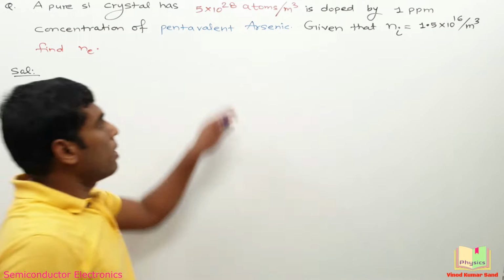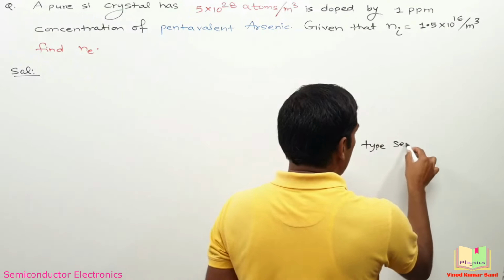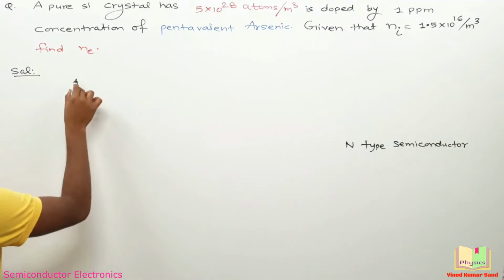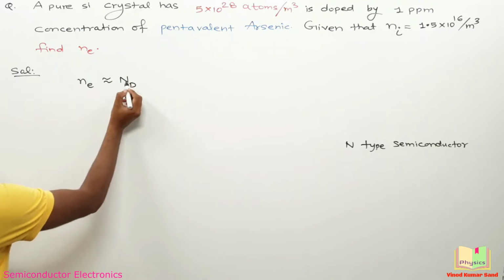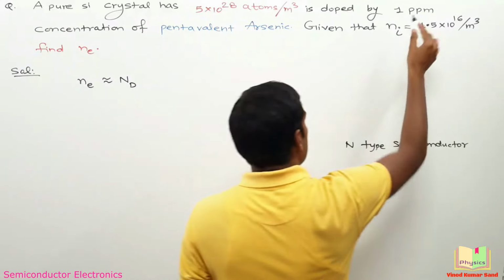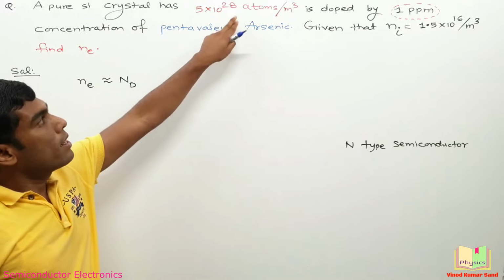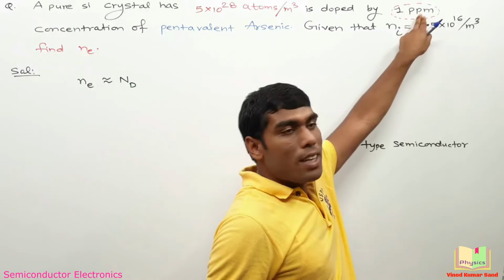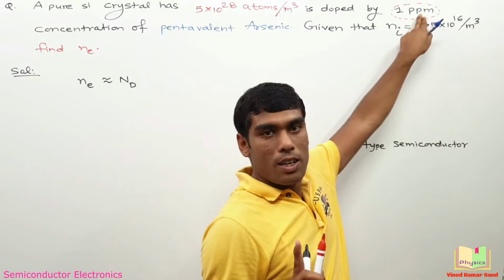As the doping is done by the pentavalent atom, we'll get the N-type semiconductor. And for N-type semiconductor, N_e is equal to N_d. N_d is the donor concentration, which is given to us as 1 ppm. We have 5 into 10 to power 28 atoms per meter cube, and in every 10 to power 6 atoms there is 1 atom of pentavalent arsenic present.